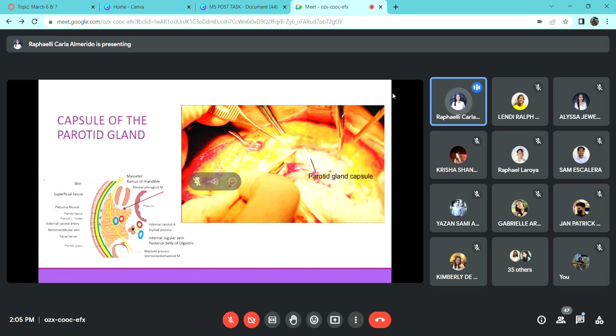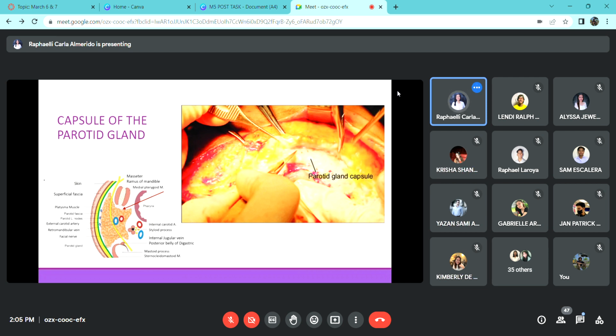Okay, so the parotid gland has a pseudocapsule. It is pseudo or false capsule because this fibrous tissue does not cover the entire parotid gland.